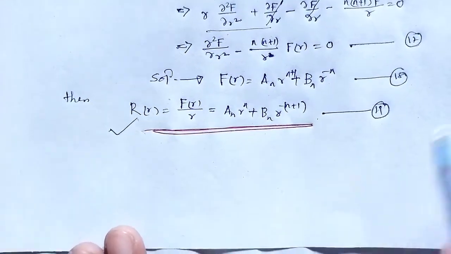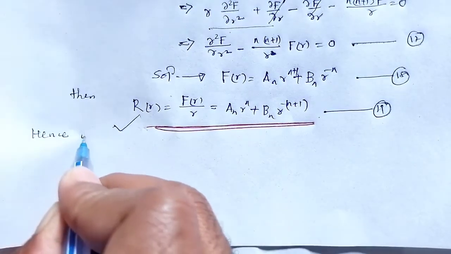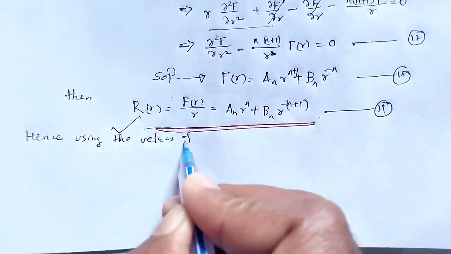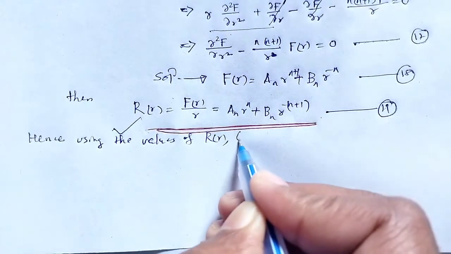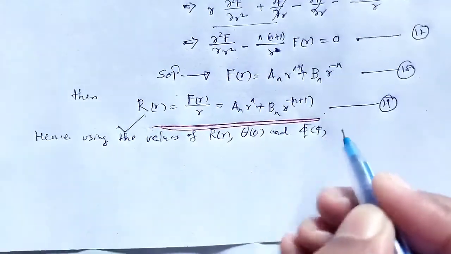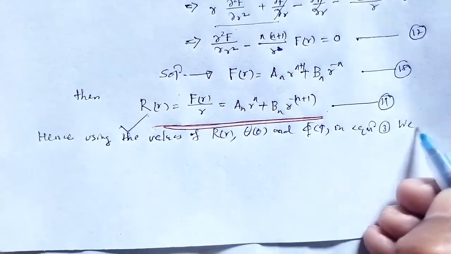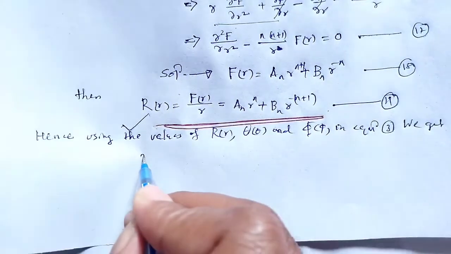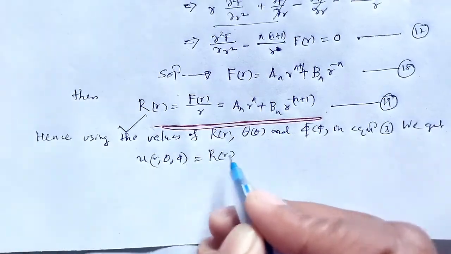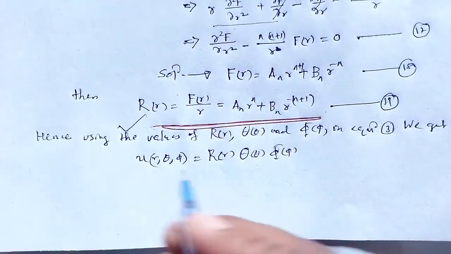Hence, using the values of R of r, Theta of theta, and Phi of phi in equation number 3, we get u as a function of r, theta, phi is equal to R as a function of r, Theta as a function of theta, and Phi as a function of phi.